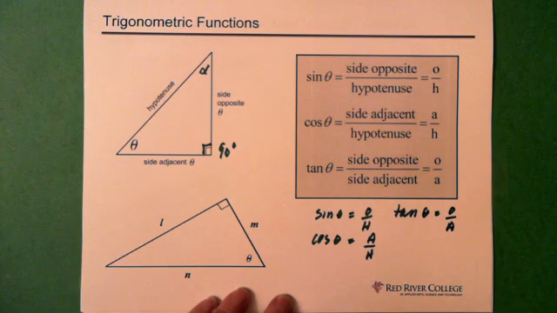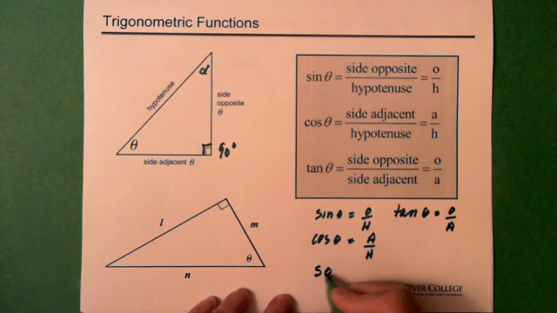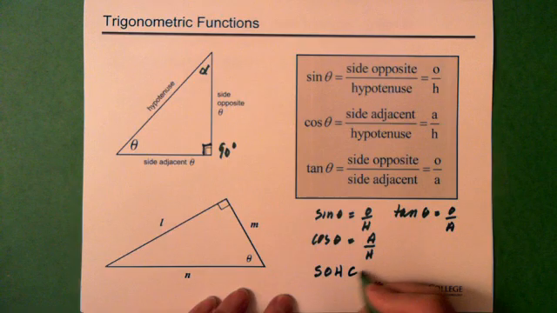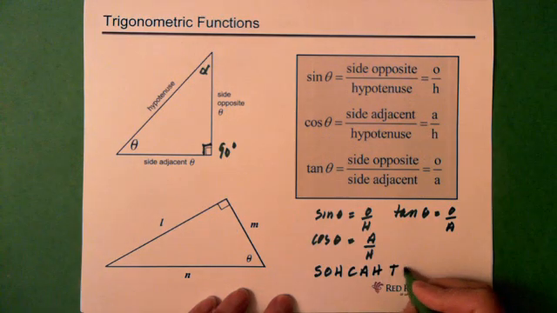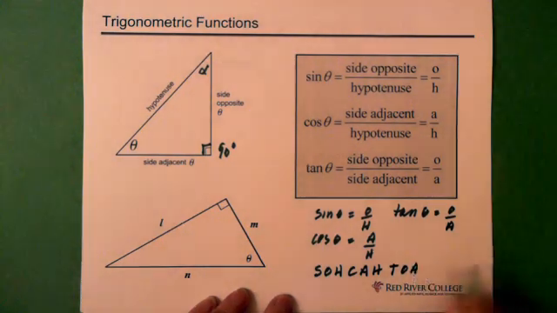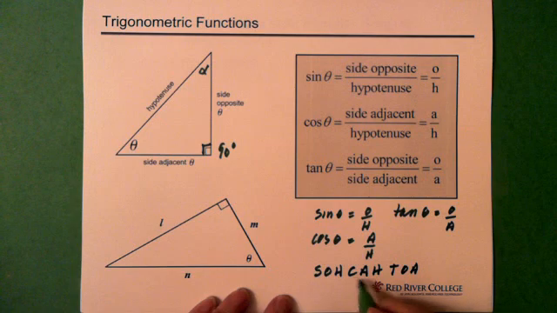And a great acronym for remembering this is SOHCAHTOA. Sine, opposite hypotenuse. Cosine, adjacent hypotenuse.